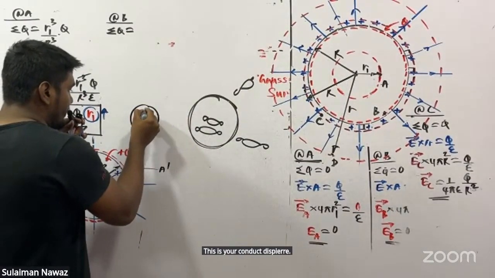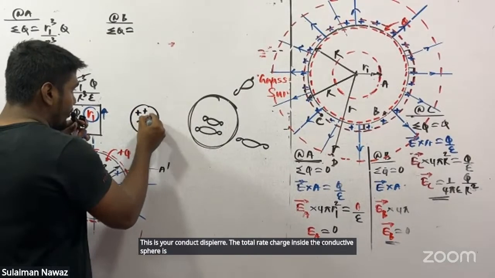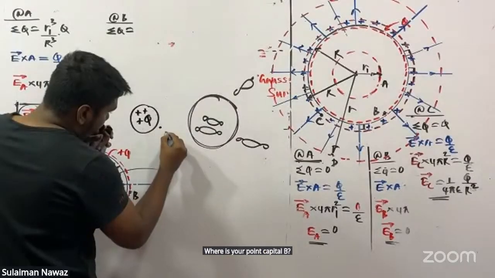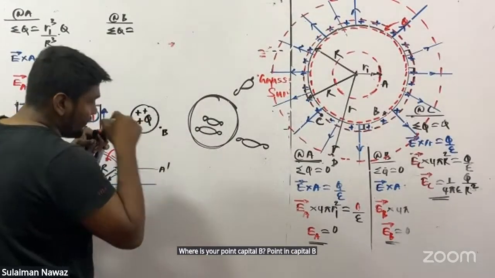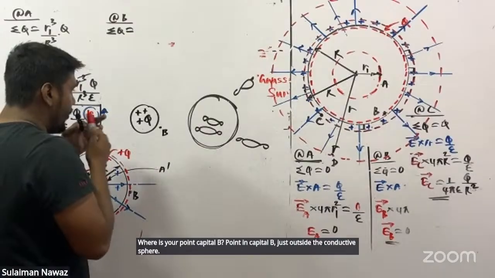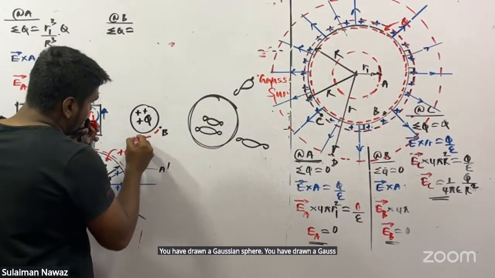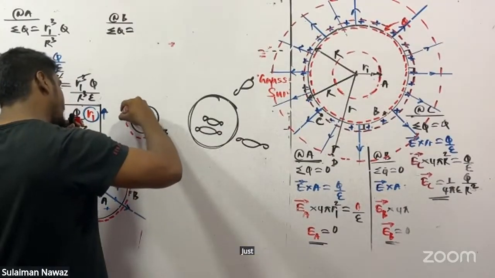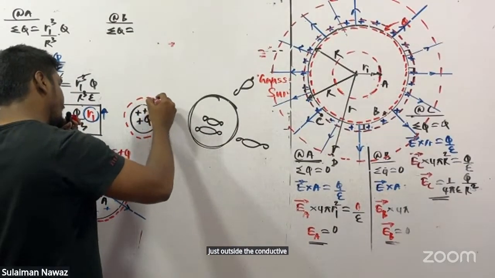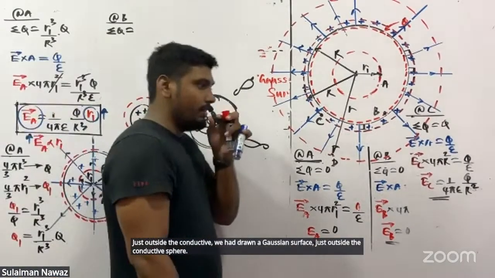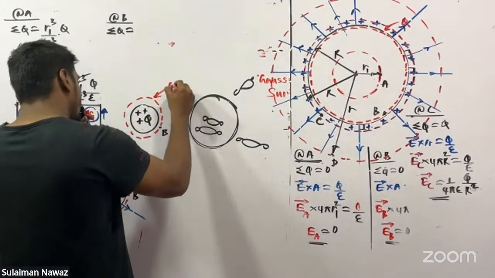The total charge inside the conductive sphere is plus capital Q. You have drawn a Gaussian surface just outside the conductive sphere. This red color one is your Gaussian surface.